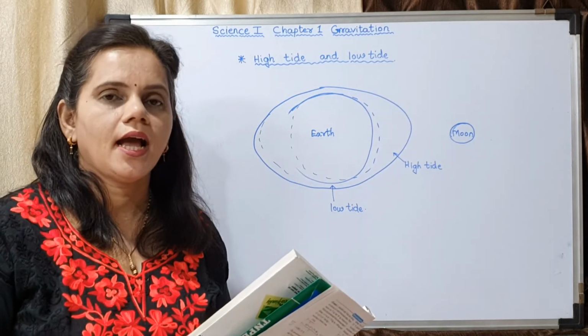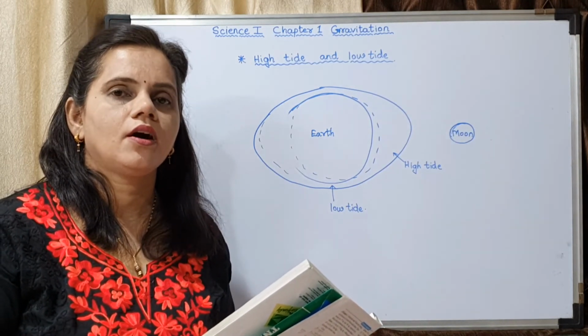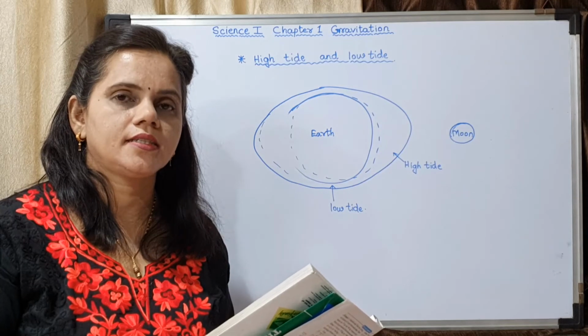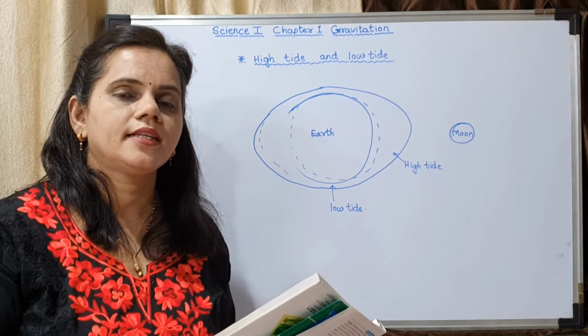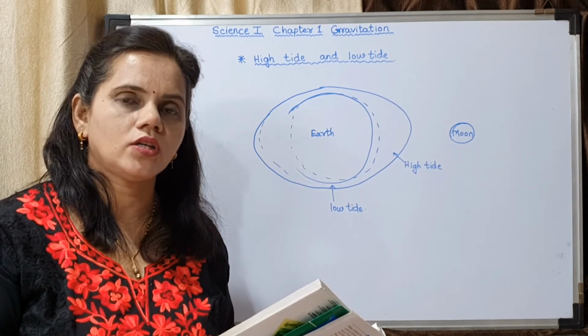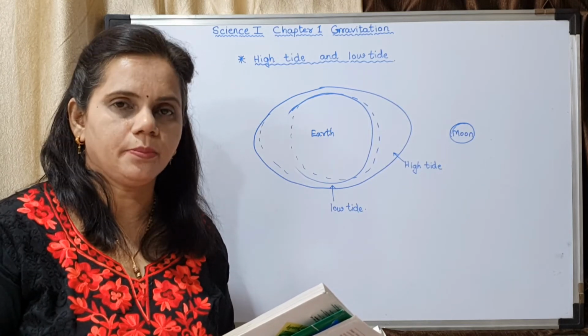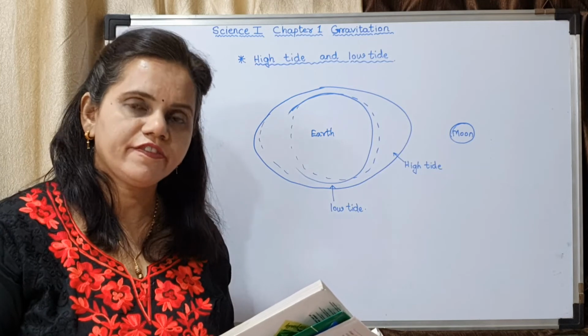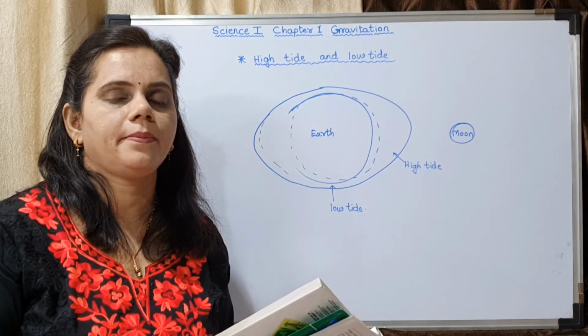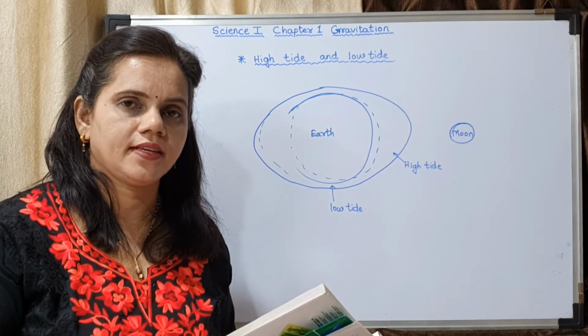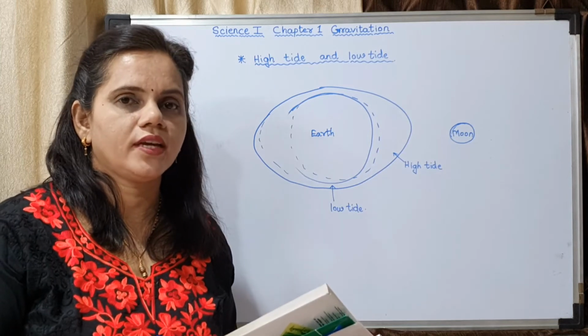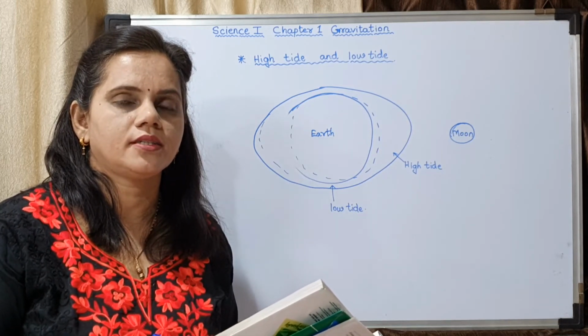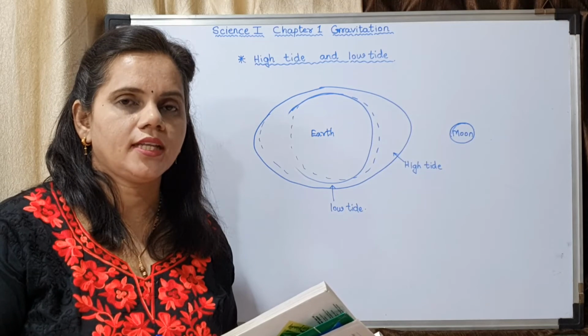So the acceleration is very, very less. Even if the earth is attracted towards the apple, the acceleration is very, very less, so we don't feel that movement of the earth towards the apple. That is the answer.